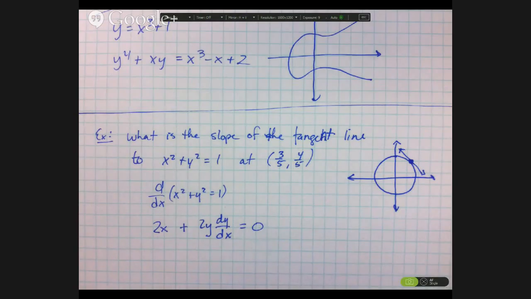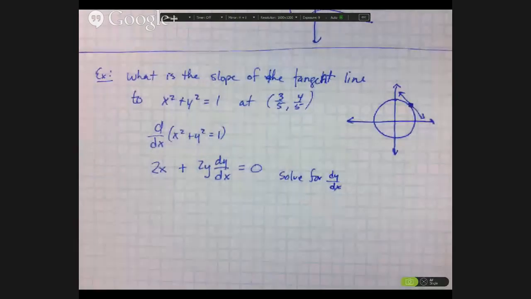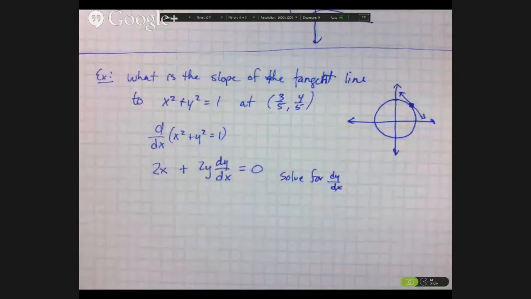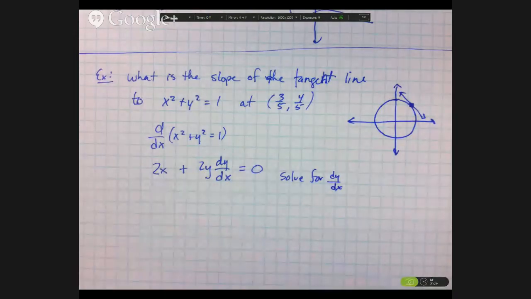Now we have to solve for dy dx. You can plug the numbers in now, but I'm going to show it to you without doing that yet. All right, this is solving an algebra equation.